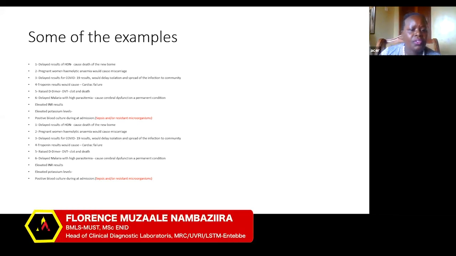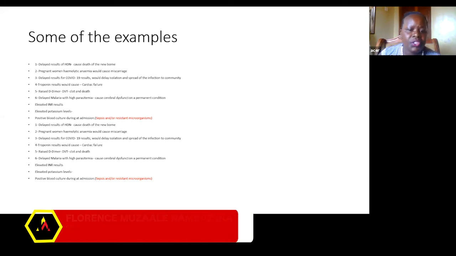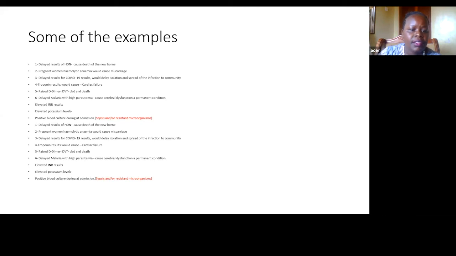With delayed malaria and hyperparasitemia, if the results are given on time, you wouldn't have issues of cerebral dysfunction or permanent dysfunction of the person affected by the malaria parasites. Some even die, because by the time you see a high parasitemia, malaria anemia will also kick in, and then the issues of blood shortage set in, and this causes death.